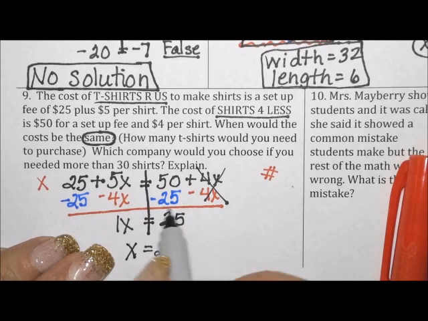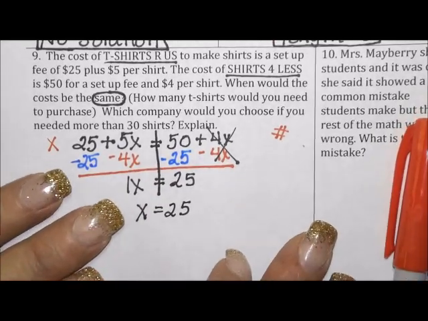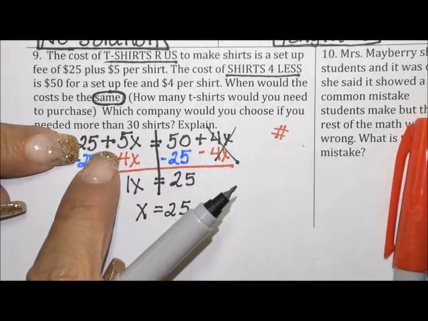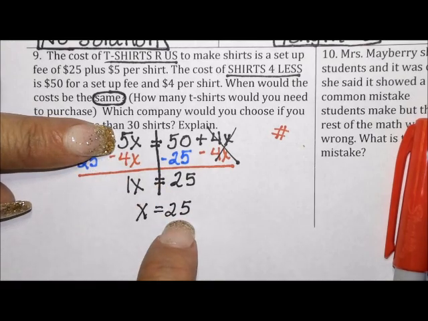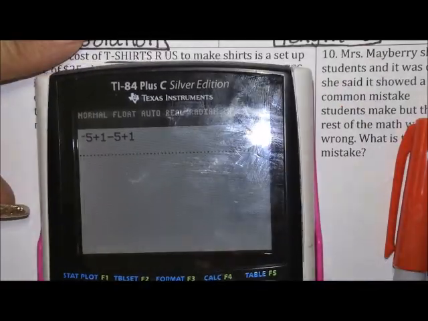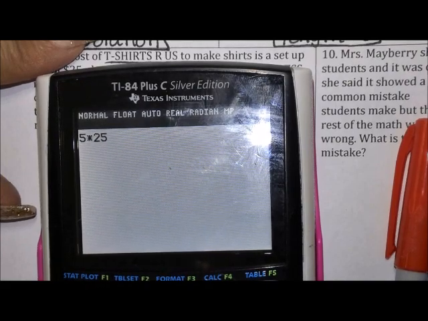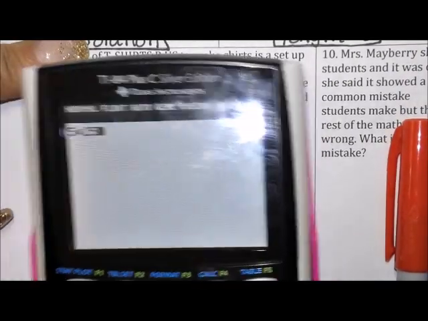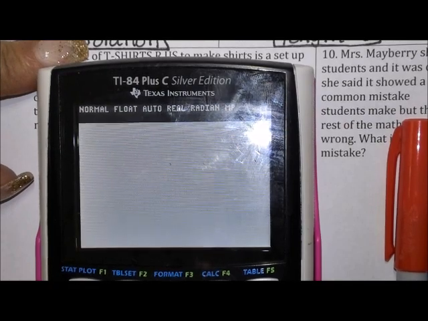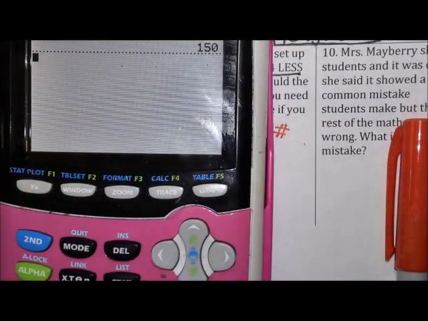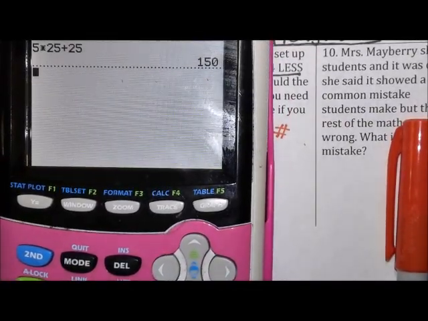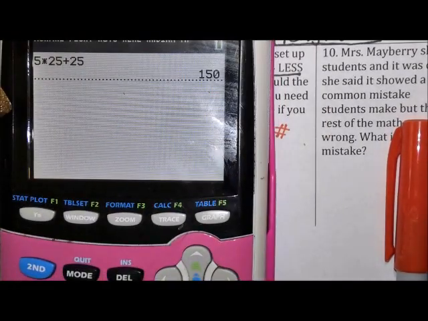So let's double check that. Let's say, okay, what if it is 25? So 25 plus 5 times 25. So let's do this. 5 times 25 plus 25. Well, you can't see it. 150, right? And on the other side, 50 plus 4 times 25.